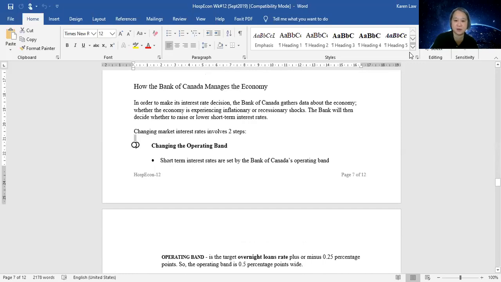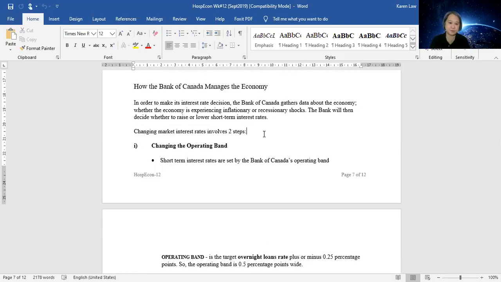How does the Bank of Canada manage the economy? The way the Bank of Canada manages the economy is that they are going to set interest rates. They're going to raise or lower interest rates by X amount. And they're going to do that by asking, are we in a recession or inflation?